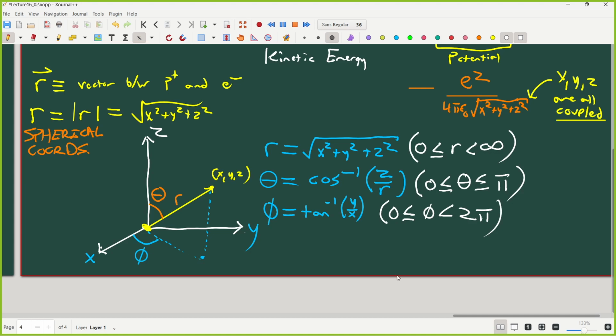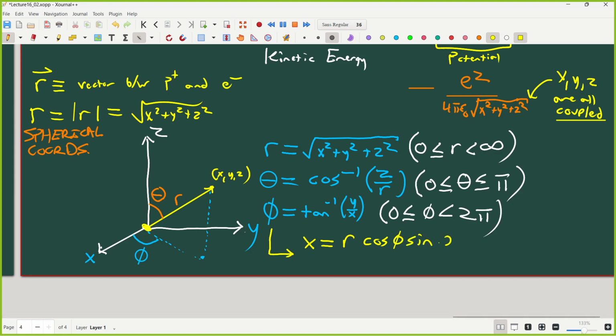So let me just write down, once you solve these for x, y, z, I just want to write down the conversion factors because they'll be useful. x is equal to r cosine phi sine theta. y is equal to r sine phi sine theta.